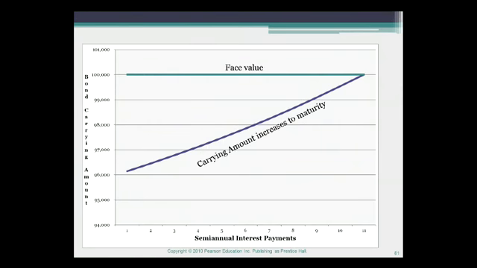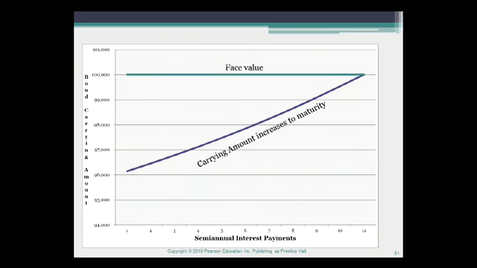Okay, so notice what happens to the carrying value of the bond when you have a bond issued at a discount. As you go through the bond term, as you near maturity, the carrying value of the bond is going to increase, again, till you've completely amortized your discount. And then what is your carrying value?